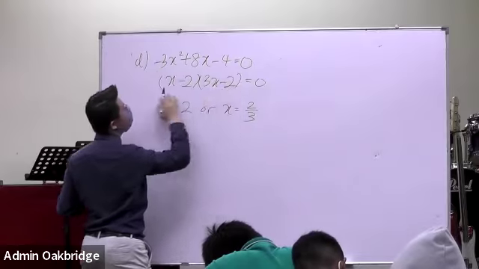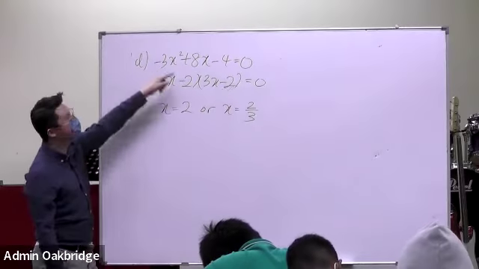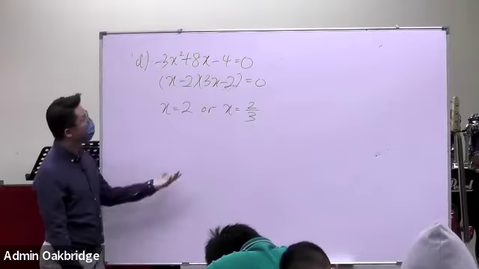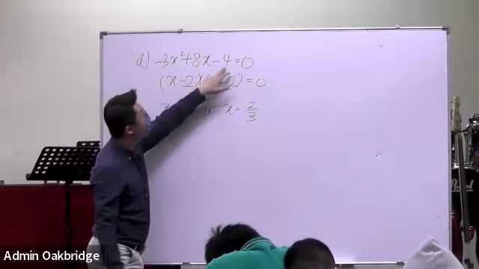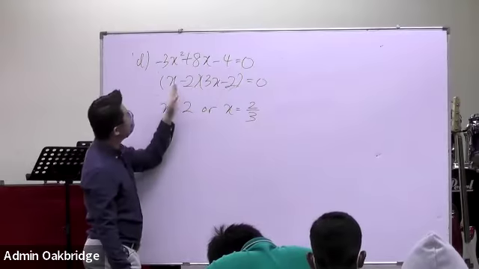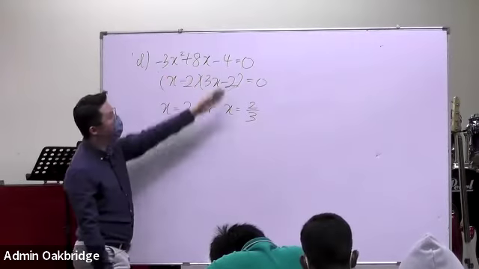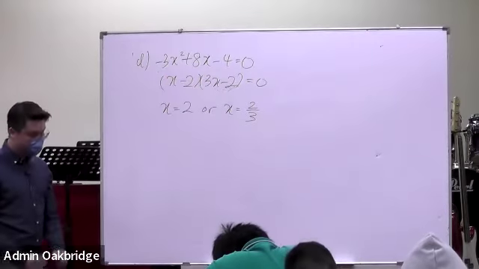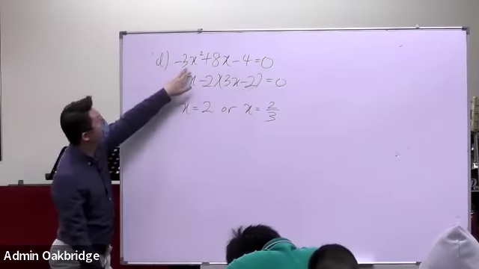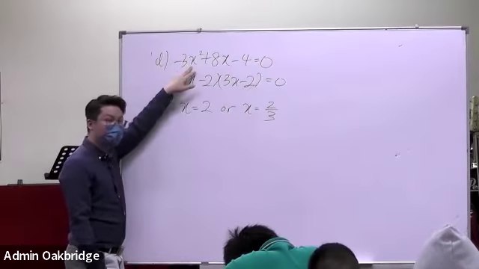What's the same problem? If you try to expand this, you wouldn't get minus 3x squared. You have 3x squared. It's a difference. But if you key in all these values, this a, b, c, in your calculator, you will have these roots. But when you get the factors and expand it, you wouldn't get this one. That's a problem. So what's the problem here? Because you didn't make the coefficient of x squared positive.